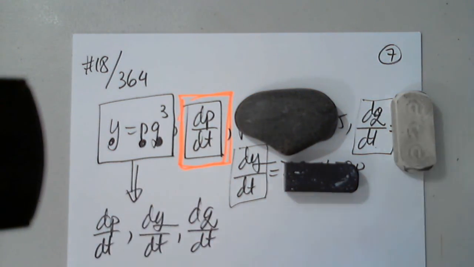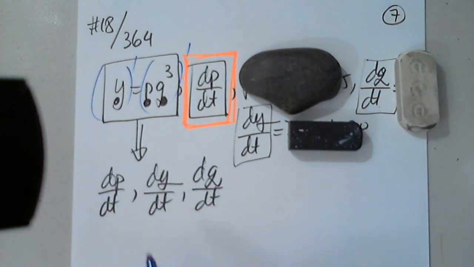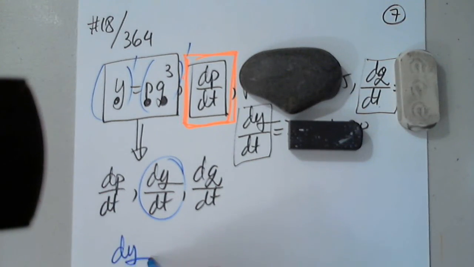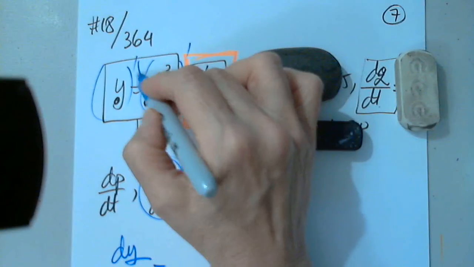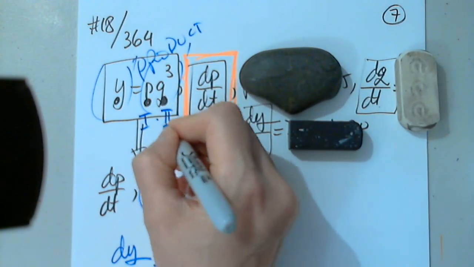We are going to apply our favorite operator in this class. y prime, well, it's dy over dt equals. Now this is the product: function 1, function 2.